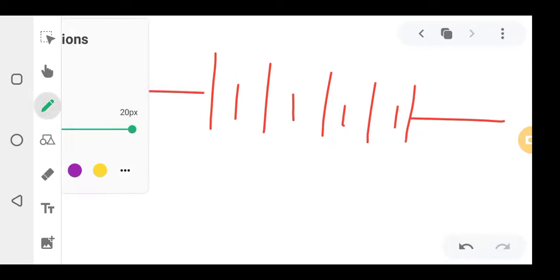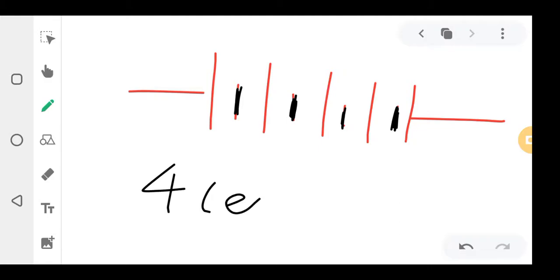You always count the smaller lines. That's the number of cells. How many smaller lines do you see? 1, 2, 3, 4. So there are 4 cells.